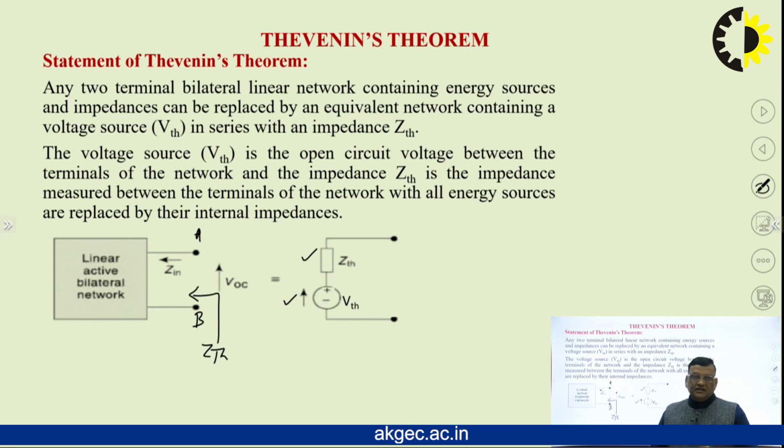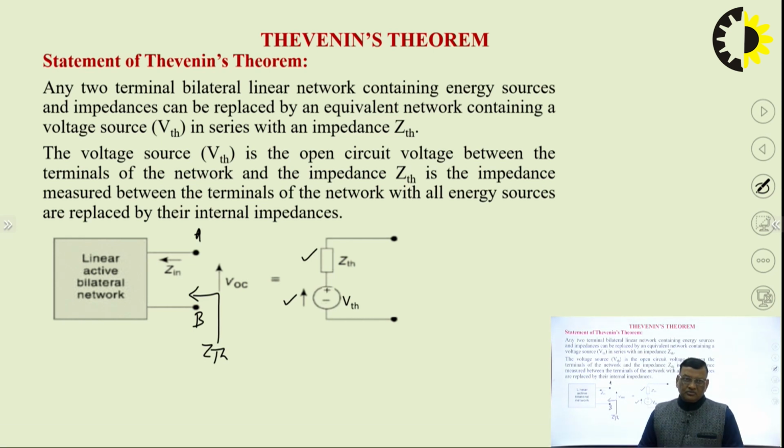But we have seen that any network or circuit may contain dependent as well as independent sources. So the circuit may have all independent sources or a combination of independent and dependent sources. So the procedure to calculate ZTH in these circuits is different.